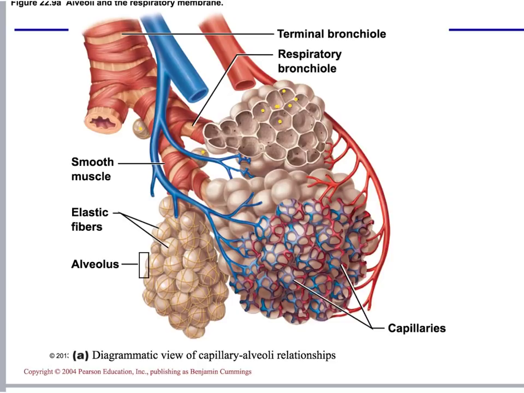This contributes to the elasticity of the lung tissue, and then the capillaries of the pulmonary circuit. The pulmonary capillaries literally cover the alveoli like a sleeve over your arm. Just imagine that. They're so close to each other that it makes the exchange of the air extremely easy and extremely rapid.